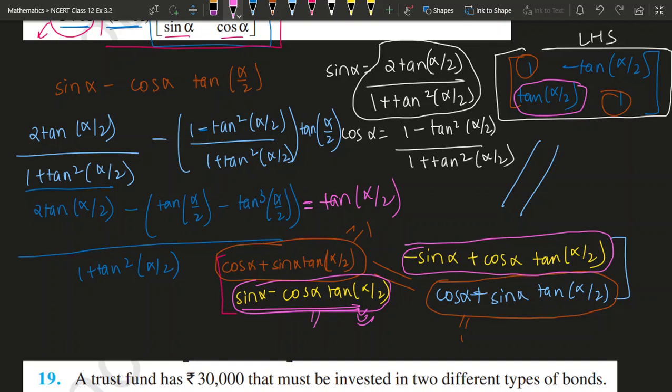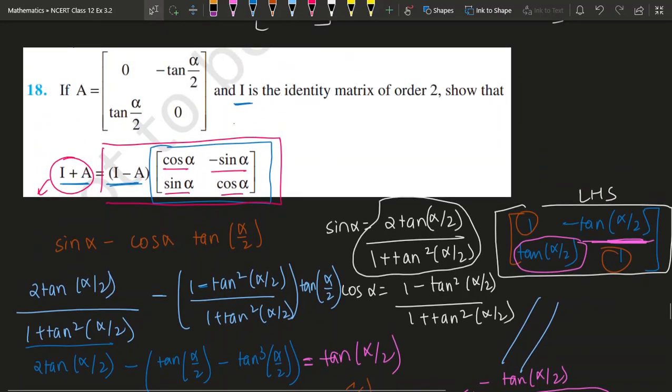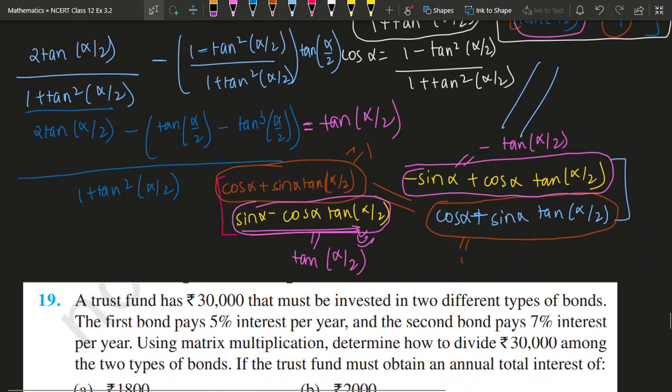So if this is equal to tan of alpha over 2, this entry right here is equal to negative of tan of alpha over 2, and that's the exact expression that you have on the matrix on the left hand side. So now that you have proved that all the corresponding elements are equal, you have essentially proved that the two matrices are equal, the two sides are equal, and so this equation is proven. So that was a fairly long problem.